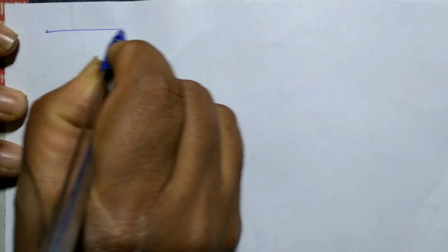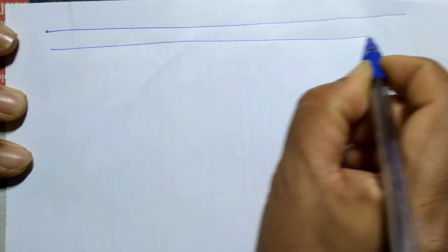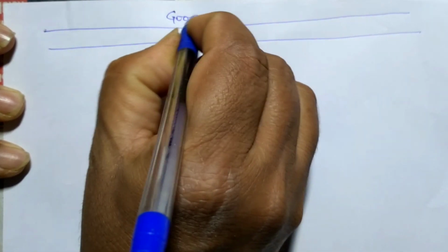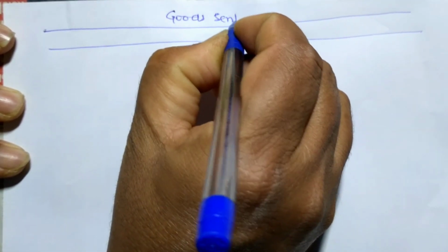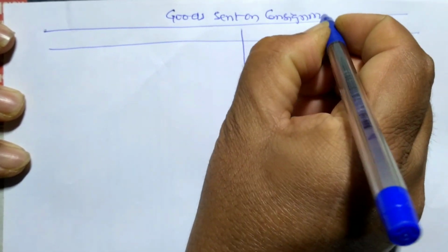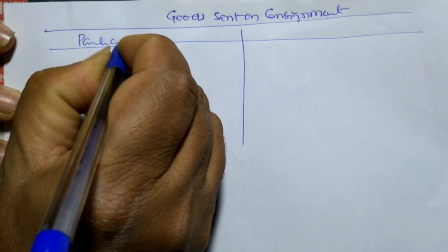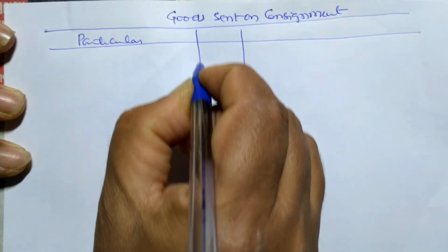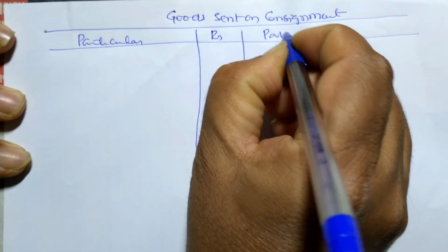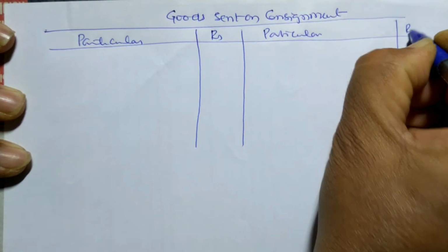After preparation of the consignee account, the last account we must prepare is goods sent on consignment. Here particulars, rupees, particulars, rupees.